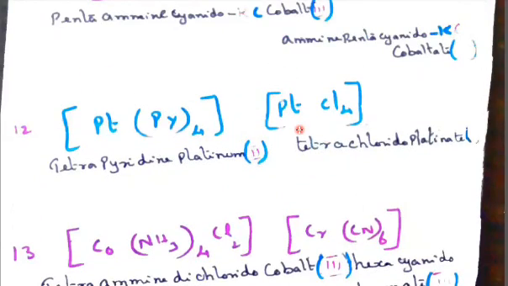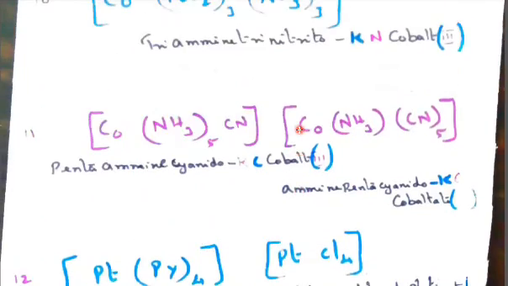Here is one more thing I want to tell you. When there are two square brackets, one is a cation and the other is an anion. If it is the cation, it is called cobalt. When you come across the anion, it is called cobaltate, because this is an anionic complex.